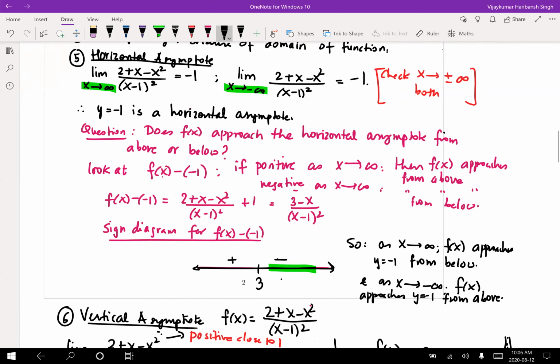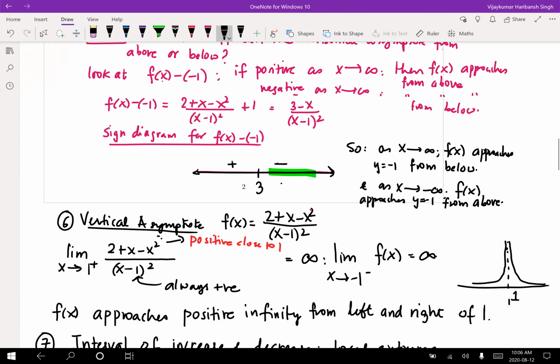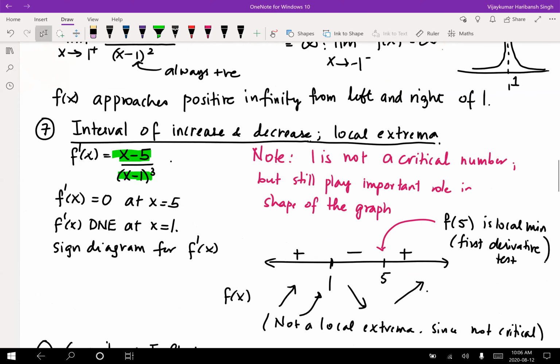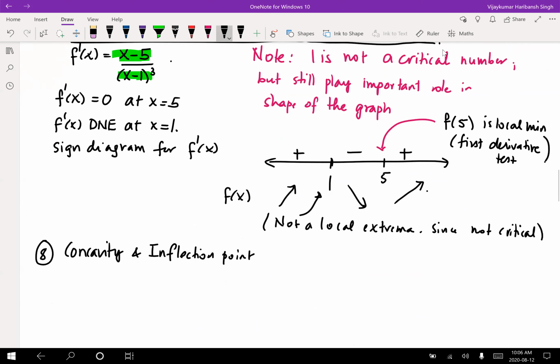So when you put 5 in this equation, f of 5 is equal to minus 9 over 8. Okay, so that has to be computed as well. So concavity and inflection point.